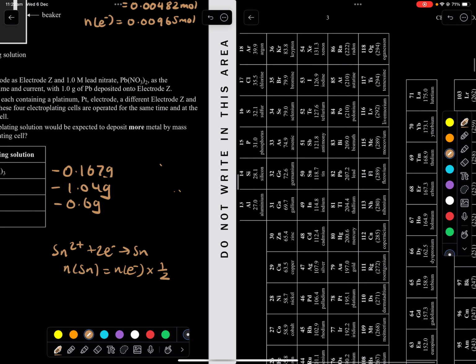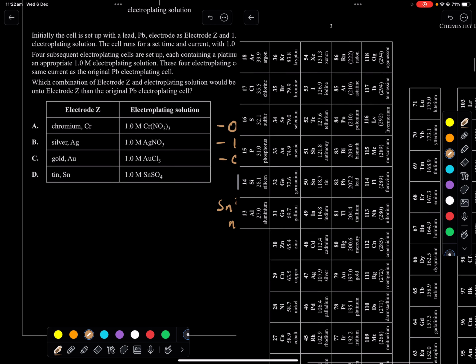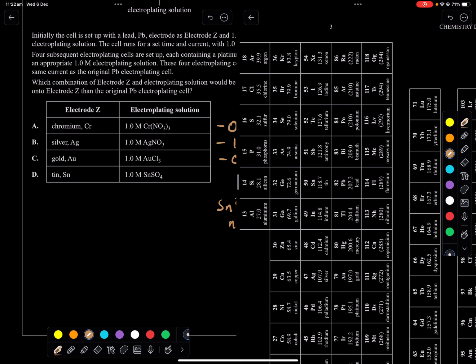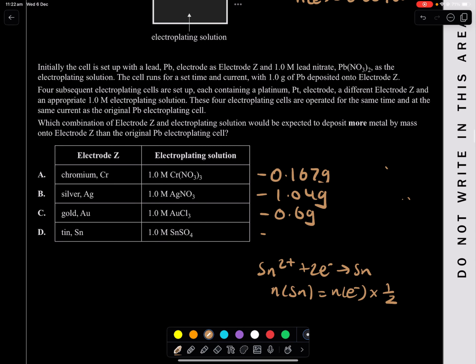Sn is 118.7, and that gives me overall 0.57 grams.